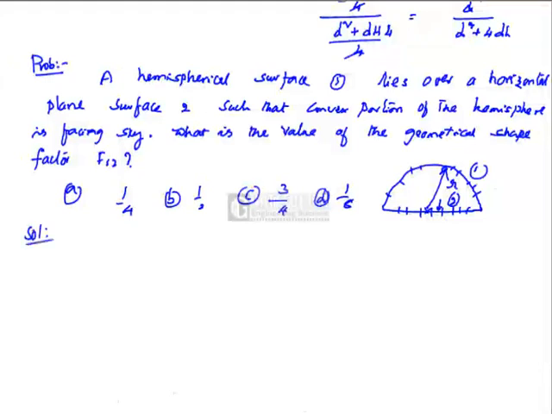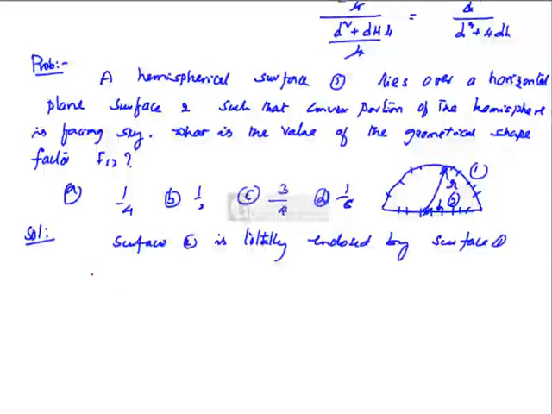The solution could be given like this. Here surface 2 is totally enclosed by surface 1. Hence F21 is equal to 1. From reciprocity relation, A1 F12 is equal to A2 F21.